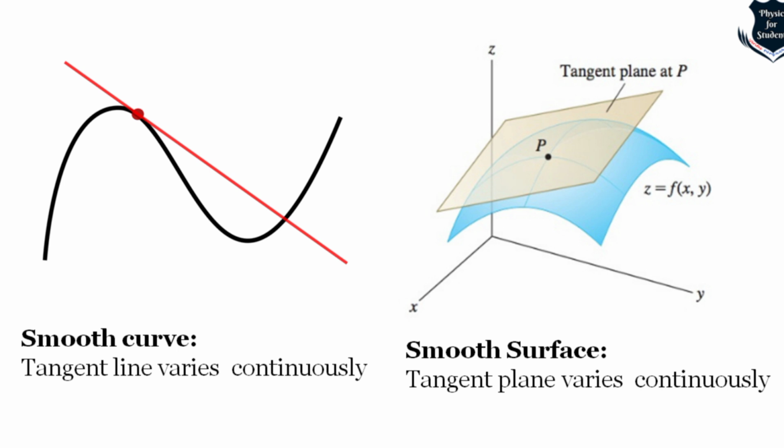A smooth surface is one that has a tangent plane that varies continuously. Now, here is the catch: for a smooth curve or surface you can say the tangent line or tangent plane is varying continuously.